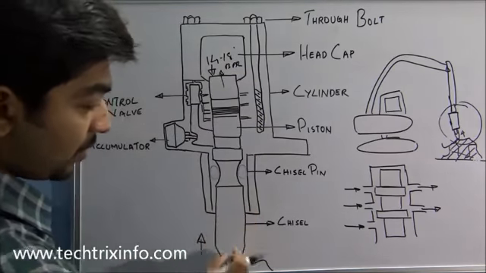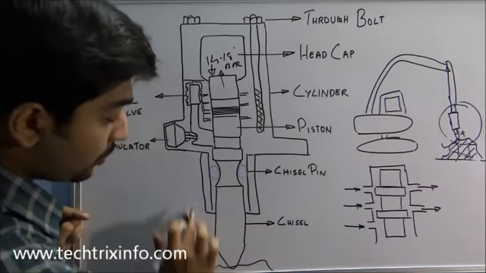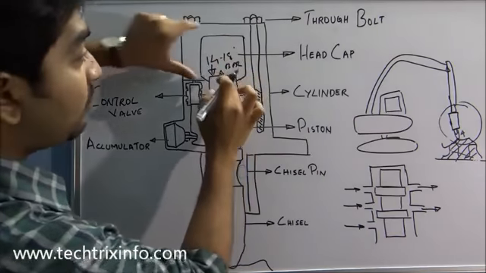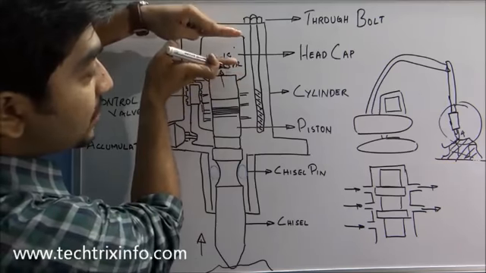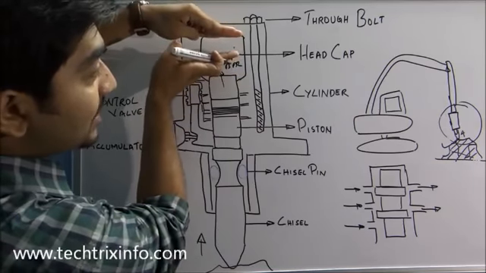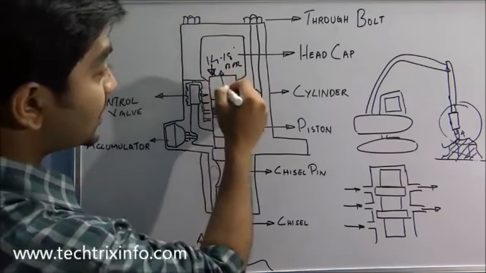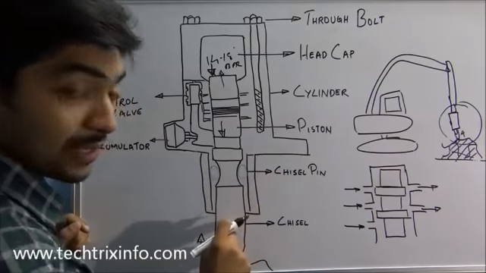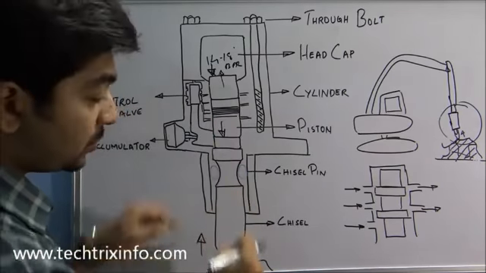So initially, when the tool is pressed on the rock, the tool moves upward. Simultaneously, the piston moves upward, and a pressure is generated over here. As the nitrogen gas compresses, it exerts pressure back on the piston, which results in the piston exerting that pressure on the chisel or the tool, moving the chisel towards the rock.